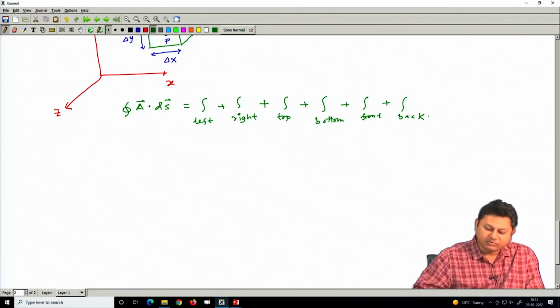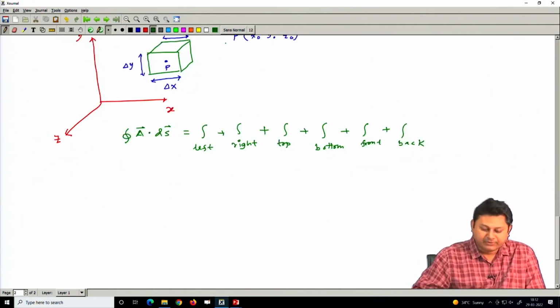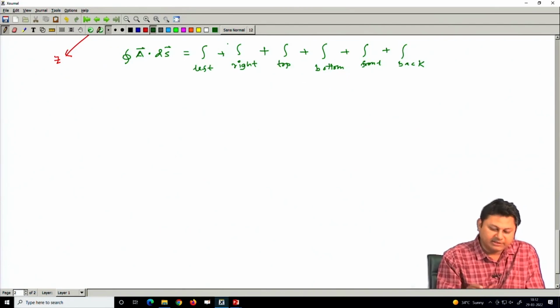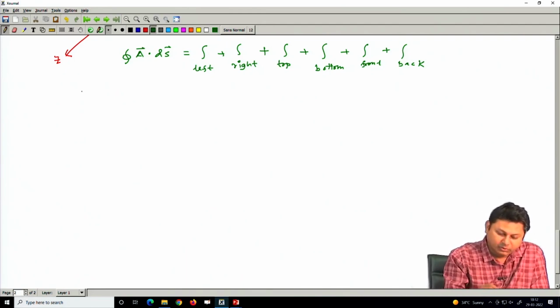So, these 6 surfaces we have, and we name them: this is my left surface, this is my right surface, this is top, this is bottom, this is front and this is back. These are the 6 surfaces I need to calculate. So, let us calculate the left and right surfaces first, and then we will understand the value. Let us calculate the right surface first.